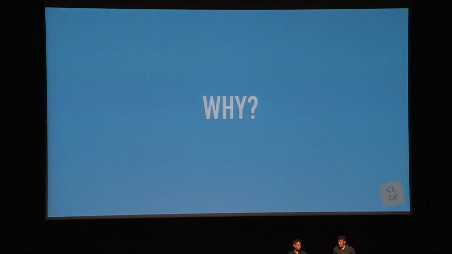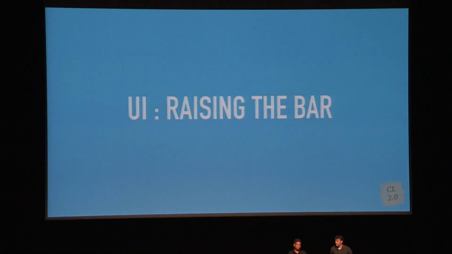But the real question is why? Why would we want to build Constraint Layout 2.0? What do we want to do with it? The real problem that you developers are facing is that UI is getting more and more complex. People want more sophistication, more animation, more subtle effects happening.